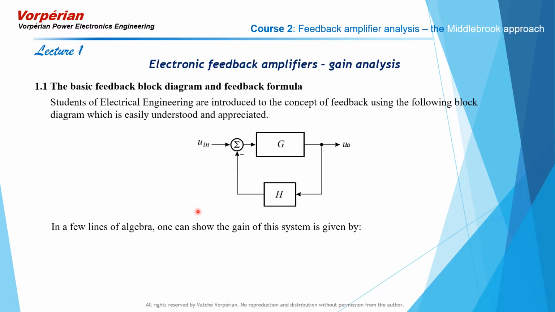Now, in a few lines of algebra, we can easily show that the gain of this system, AF, output over input, is given by G over 1 plus GH. AF is also referred to as the closed loop gain. This is then the basic feedback formula.